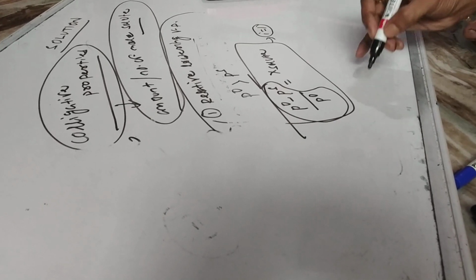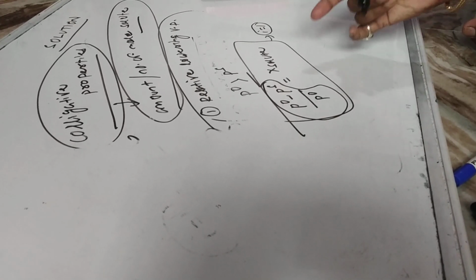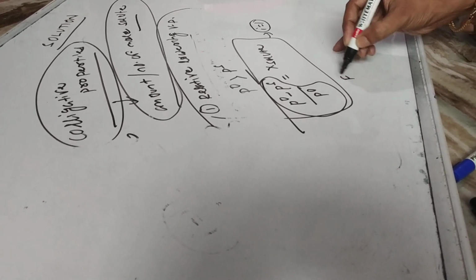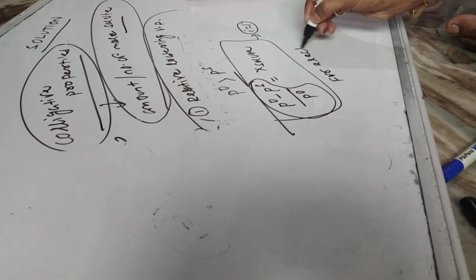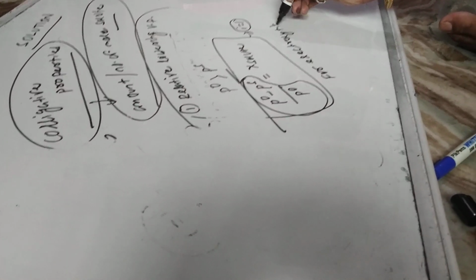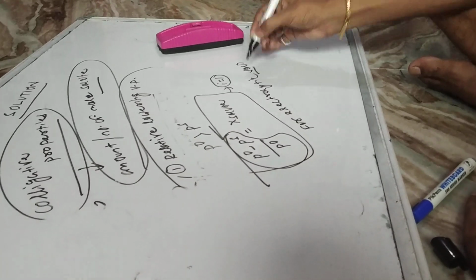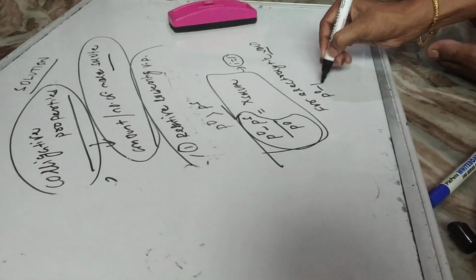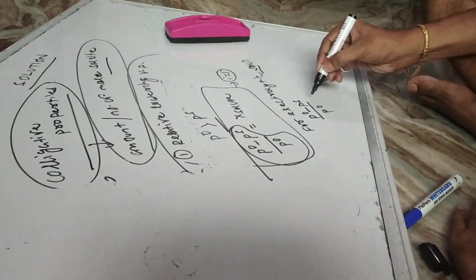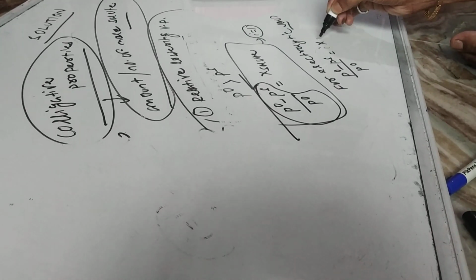And if you take it for the electrolytic solution, I can write the same equation. For the electrolytic solution, the same equation can be written as (P0 minus Ps) by P0 is equal to i into the mole fraction of solute.